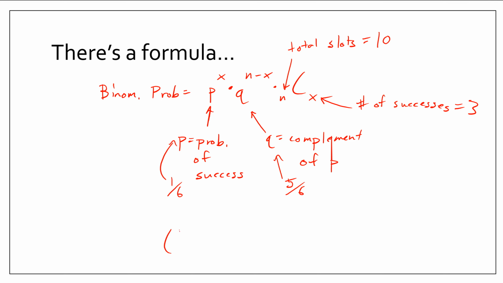And if I plug all this stuff in, 1/6 to the 3, 5/6 to the 10 minus 3, 10, choosing 3. The only thing I have to simplify is here. It simplifies to 7. And that makes a lot of sense because 3 slots have 6's, 7 slots don't have 6's. All right, I'll cut the video off there.